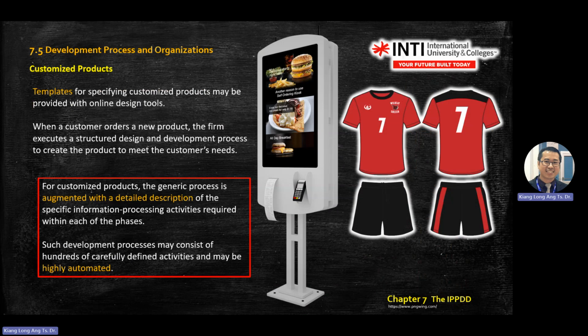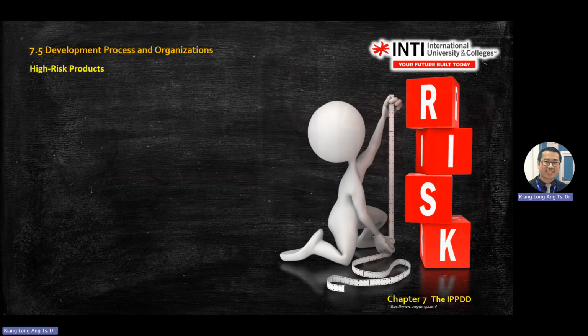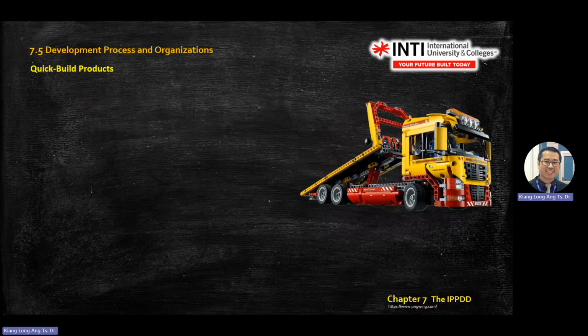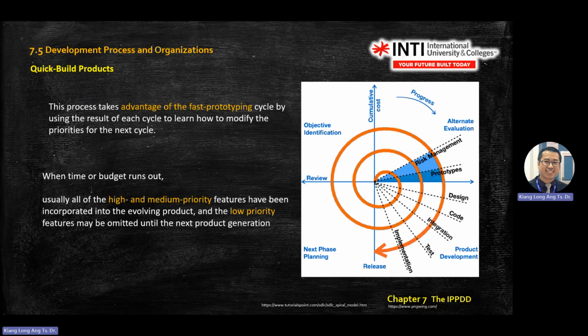For example, you start to see KFC and all the fast food chains using kiosk systems to make orders, and you can customize what you want. For example, at McDonald's, you can add more veggies or no veggies, more sweet or less sweet, and so on. High risk, this one you read in risk management.